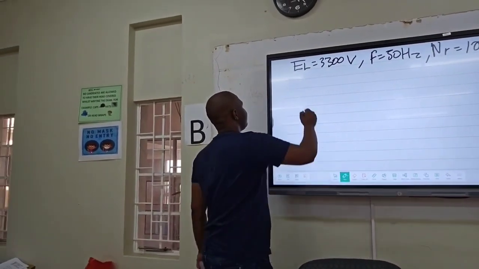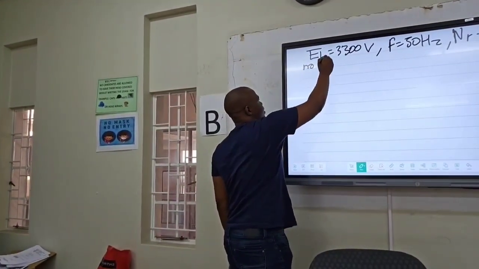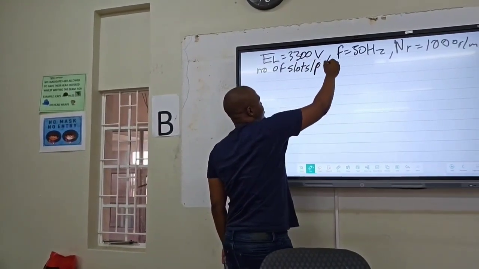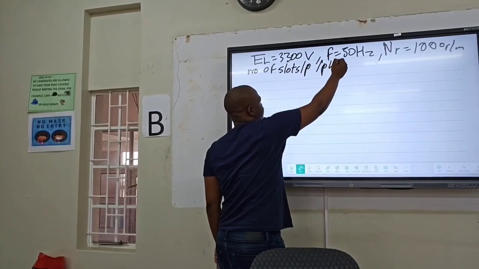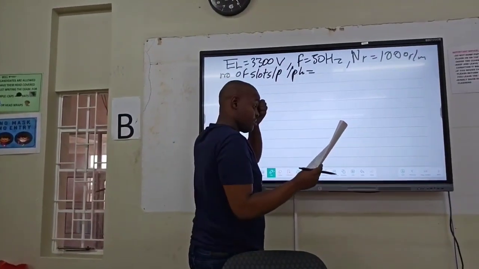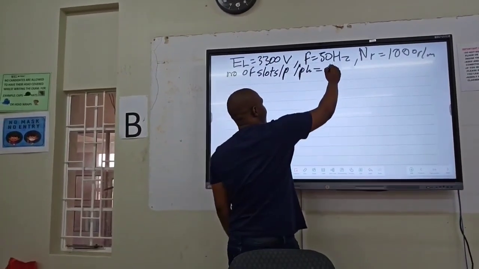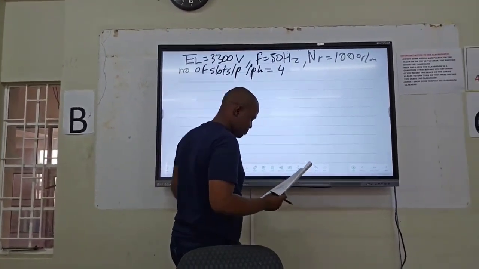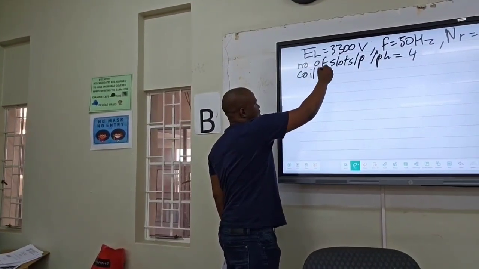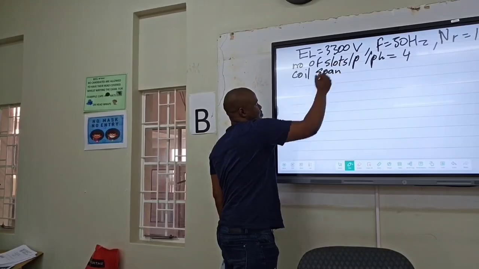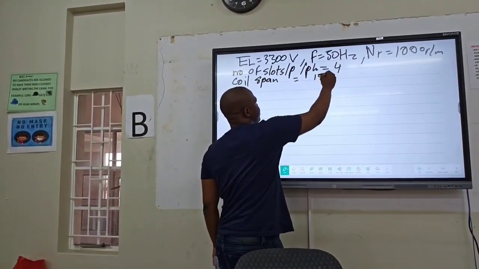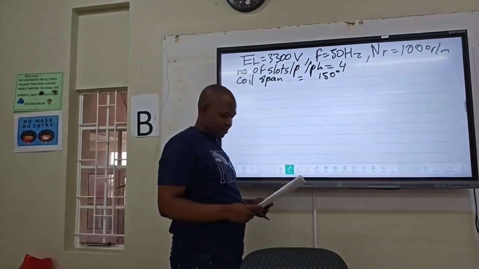Then we are given the number of slots per pole per phase, which is equal to 4. Then the coil span, that is 150 degrees.